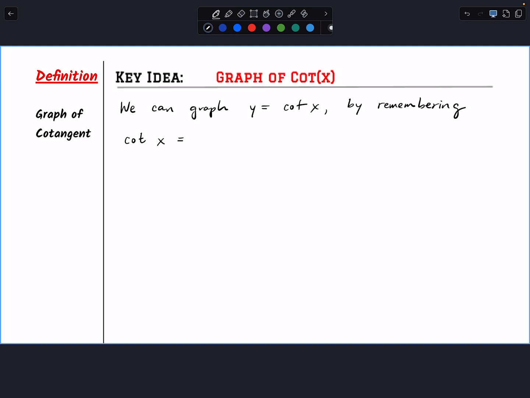They're reciprocal. So if tangent is y over x, that means cotangent is the same thing as x over y. What is x on the unit circle, cosine or sine? Cosine. So that's the same thing as cosine of x divided by the sine of x. And we can't divide by 0. So the sine of x cannot equal 0. Because if it does equal 0, then bad things happen.